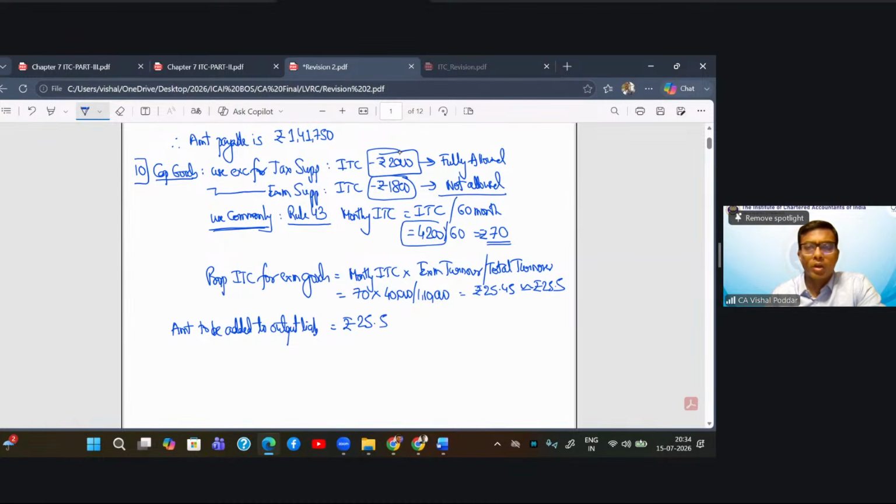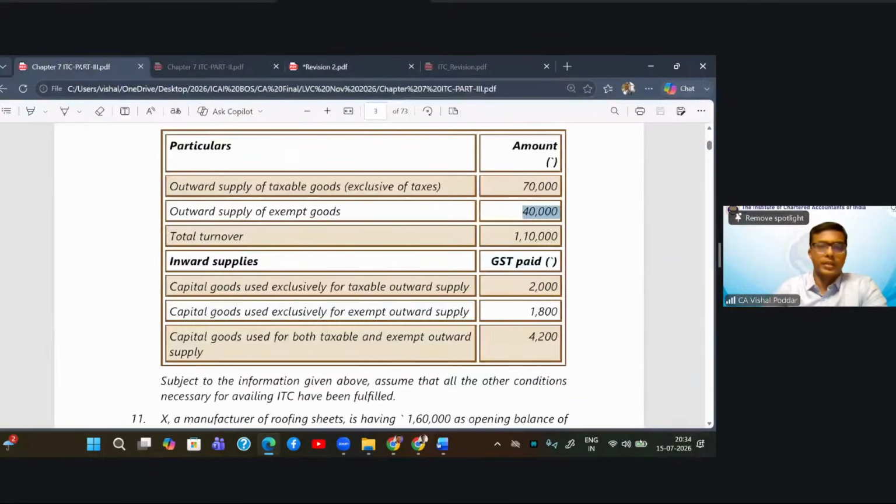Again, this 4200 you will first avail fully, and that is why out of that 4200, whatever is applicable to this month's exempt supply, that proportion amount has to be reversed. How? Out of 4200, this amount will be added to your output liability, and by adding it to your output liability, you will do the reversal. Correct?